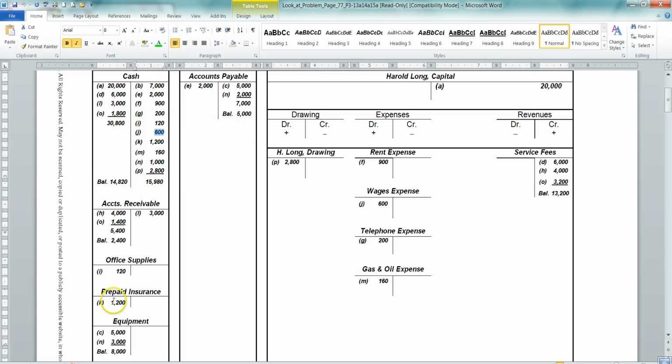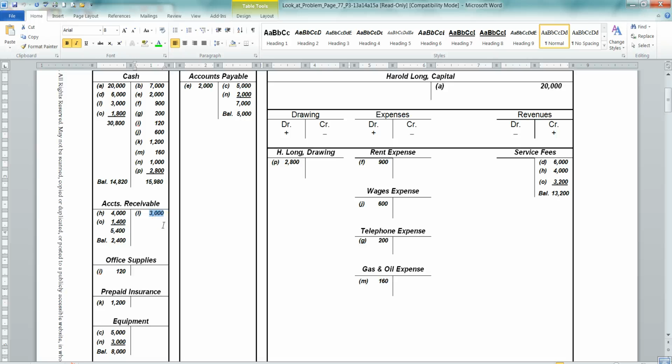So prepaid insurance, $1,200, debit, and we're going to credit cash for $1,200. Received cash from services performed in transaction H. Means they finally paid us. So here is $3,000, and we're going to decrease our receivable by $3,000.